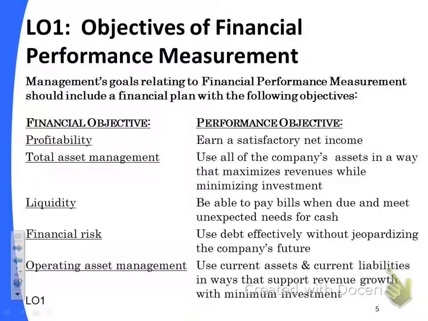They also have to know about financial risk in order to make sure that their debt is being effectively managed. They want to make sure they're not taking on too much debt and that they're paying their debt in a timely fashion. And then lastly, from an operating asset management standpoint, they want to make sure that they have current assets available to pay off current liabilities.